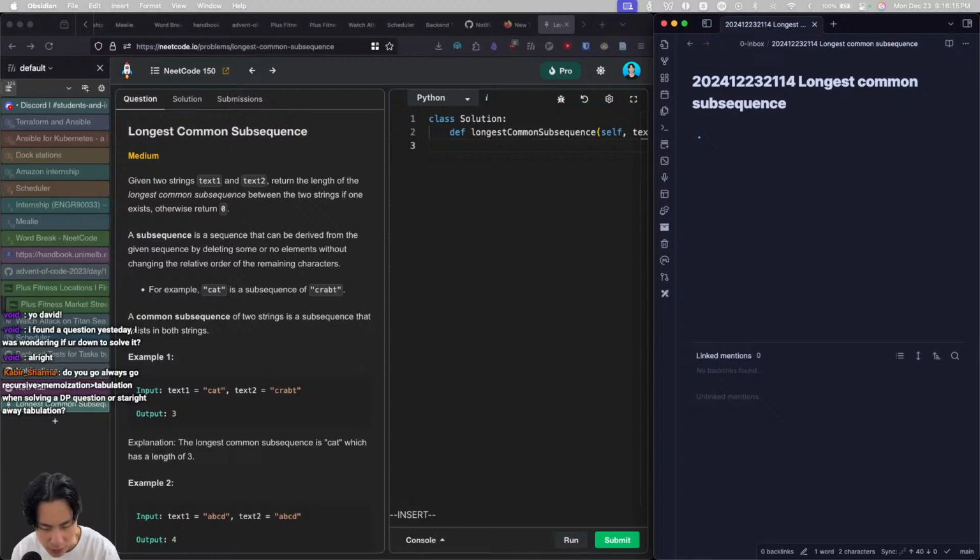For me, that's basically how much I did. Going through all of those different solutions does take time, so if you are short on time, it can stifle your progress. If it does, then you might as well go straight to tabulation.